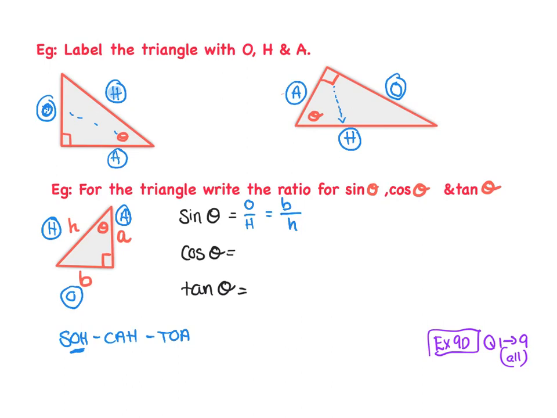When they ask me for cos theta, the rule is A over H, and in this diagram my A is a little a. It could be other letters, those letters just happen to be. The last one, tan, is O over A. In the diagram, O is B and A is little a. Excellent.